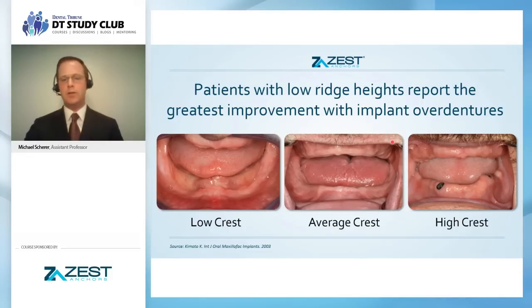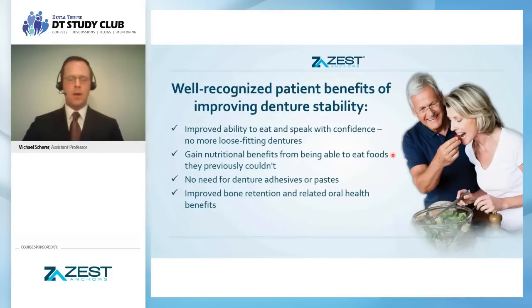But the question is, do these two as well? Well, that's sort of a lecture for a different day, but what we're going to talk about is the patients that are in need of improved stability of their complete denture, because these typically are the major reasons why we would want to see the benefit of the use of implant overdentures.